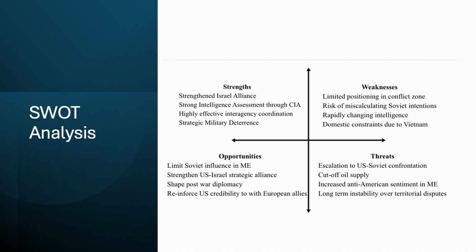I would say that the biggest weakness was the domestic constraints due to the Vietnam War, which limited the United States' positioning in the region. I would say that the main opportunity was strengthening the U.S.-Israel alliance and reinforcing U.S. credibility. And I would say finally that the biggest threat is rising anti-American sentiment in the Middle East.